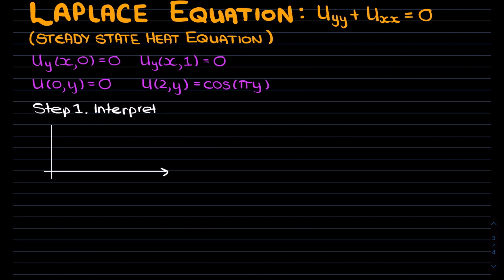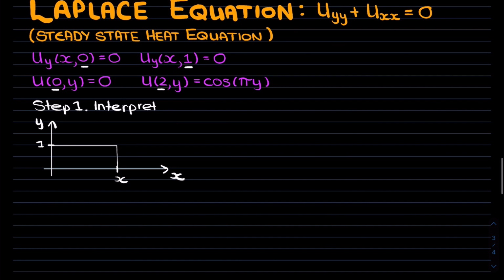So we actually just have two spatial dimensions, x and y. You can see that our y goes from 0 to 1, so I'll put a 1 here, and our x goes from 0 to 2. So we actually have something that looks like this.